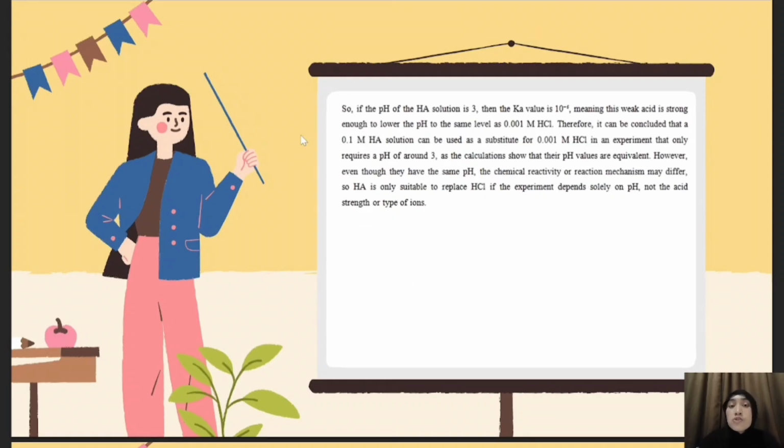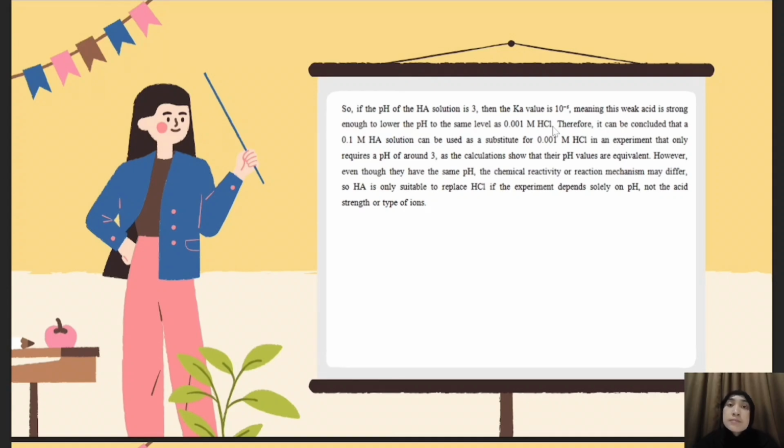From the result, if the pH of the HA solution is 3, then the Ka value is 10^-5, meaning this weak acid is strong enough to lower the pH to the same level as 0.001 M HCl.